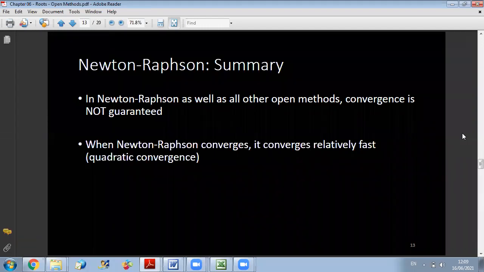But in general, when you obtain a small error at a certain iteration, you predict that convergence will be fast, except for the case where you have changing slope, inflection points, or critical points where f prime is close to 0.